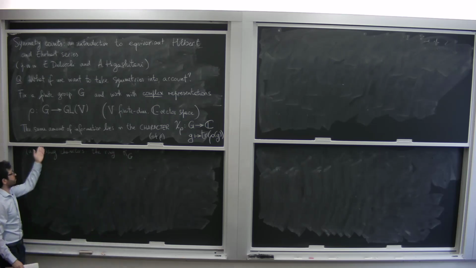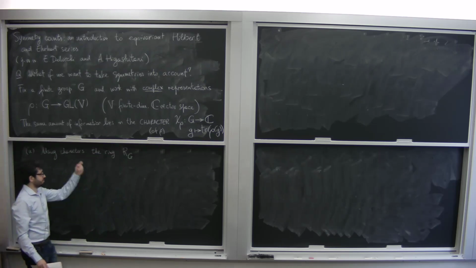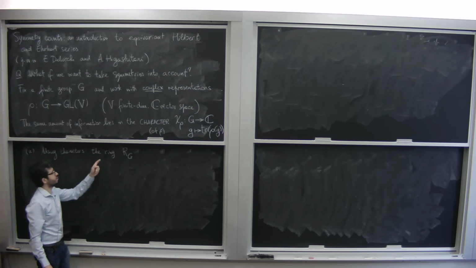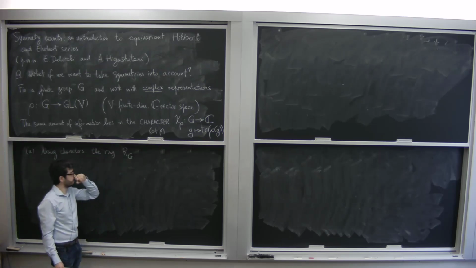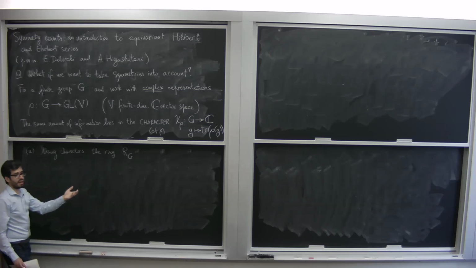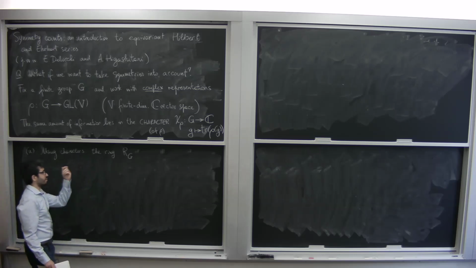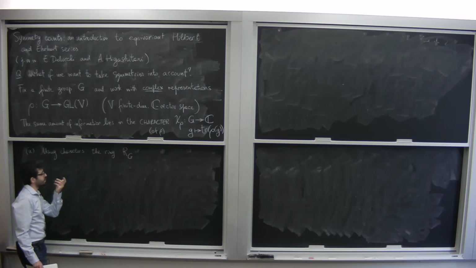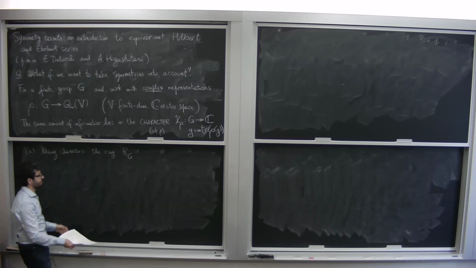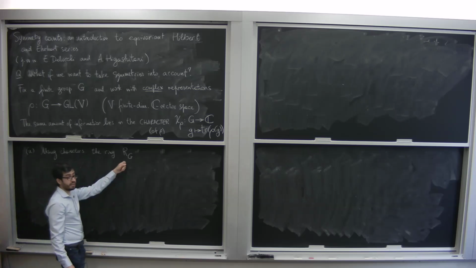So what is this? Well, this ring is going to be the ring of complex virtual characters on G. Virtual comes from the fact that I'm taking formal combinations with signs. Complex because we are working over the complex numbers, and characters because these are the elements I'm going to see in here.